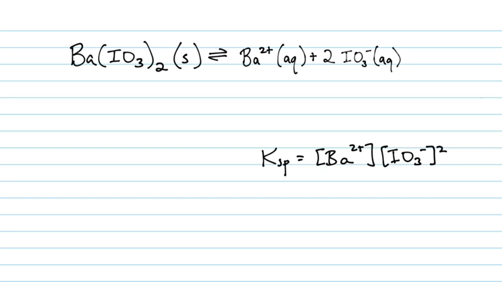So now we could do the full-on ice chart, or because this is a KSP problem, I don't have any initial amounts of any of those products or anything, I could just do this in terms of x and go straight from there. So I would lose x of this, I would gain x of Ba2+, and I would gain 2x of IO3 because it's got the big 2 in front of it.